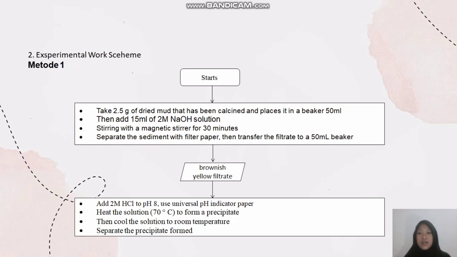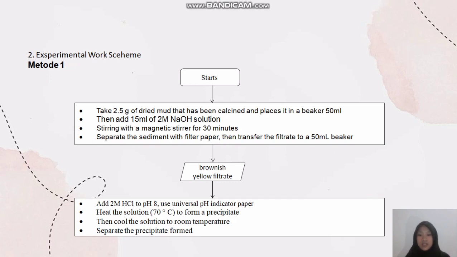Stir with a magnetic stirrer for 30 minutes. Separate the sediment with filter paper. Transfer the filtrate to a 15 ml beaker. Product: bronze yellow filtrate. Add 2 M HCl to pH 9 using universal pH indicator paper.